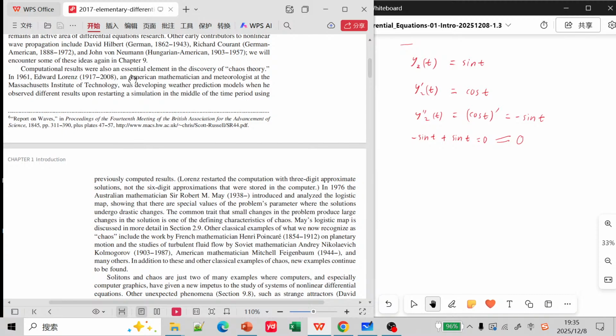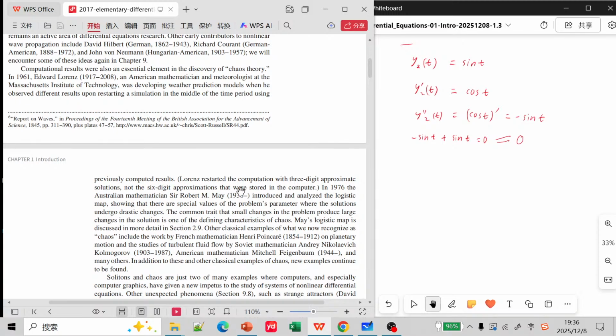Computational results were also an essential element in the discovery of chaos theory. In 1961, Edward Lorenz (1917 to 2008), an American mathematician and meteorologist at the Massachusetts Institute of Technology, was developing weather prediction models when he observed different results upon restarting a simulation in the middle of the time period using previously computed results.